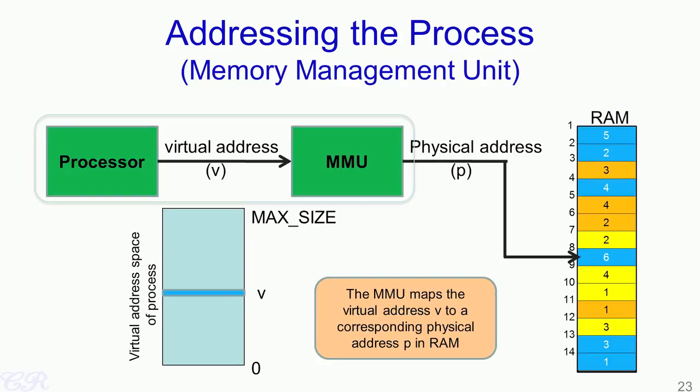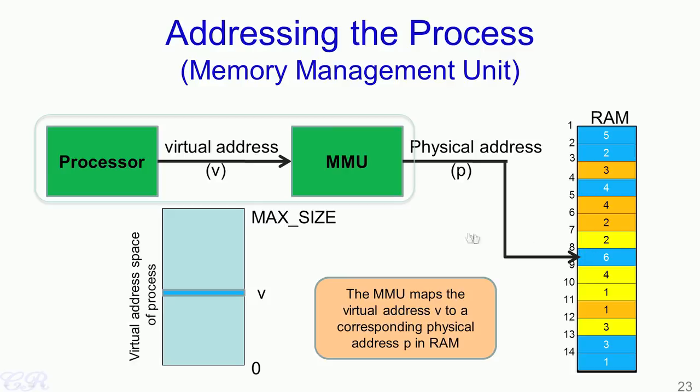Next, another unit in the CPU known as the MMU or the memory management unit. This entire thing would typically be in the same package or jointly called the CPU or processor. It would then take the virtual address and convert it to a physical address P, which would then be used to access the RAM.